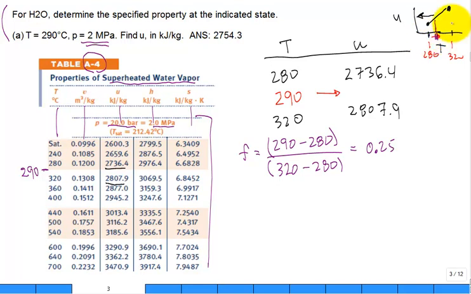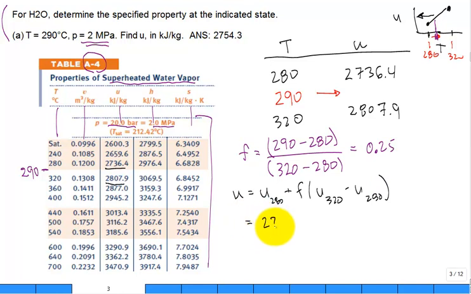Okay. Now once I have that fraction, I use it to get the interpolated u. Here, this is u at 280 plus that fraction times the u at 320 minus the internal energy at 280. Okay, let's substitute our numbers.